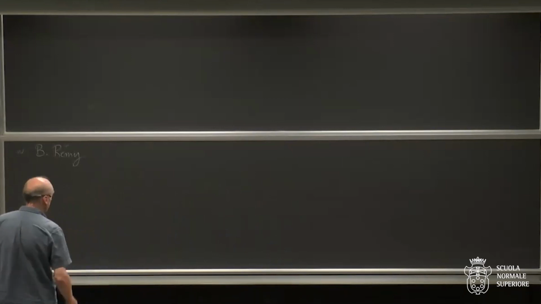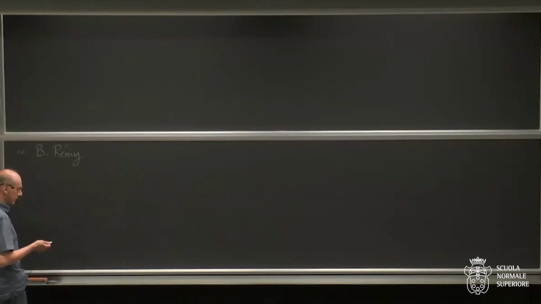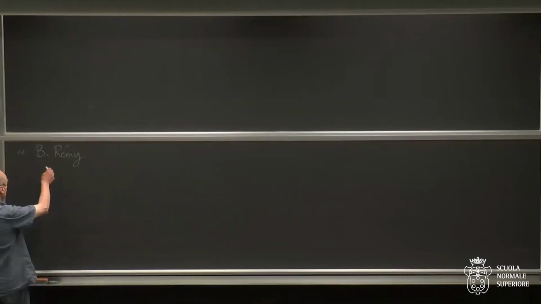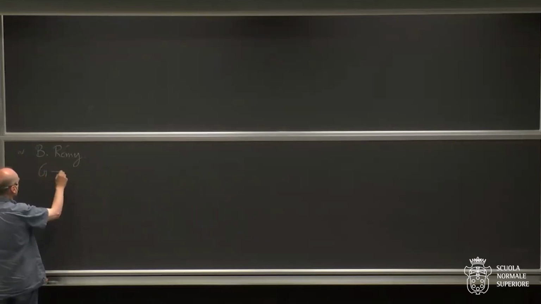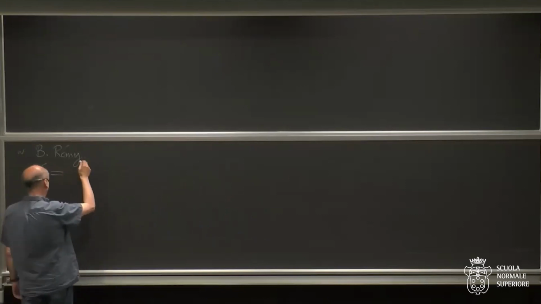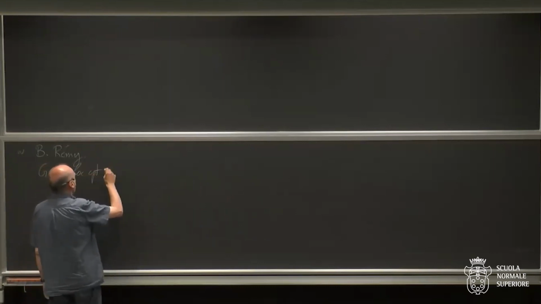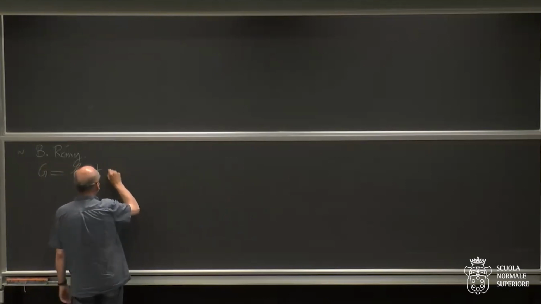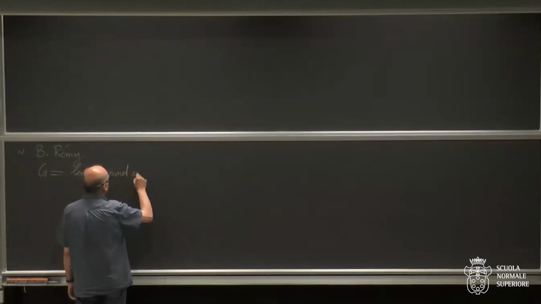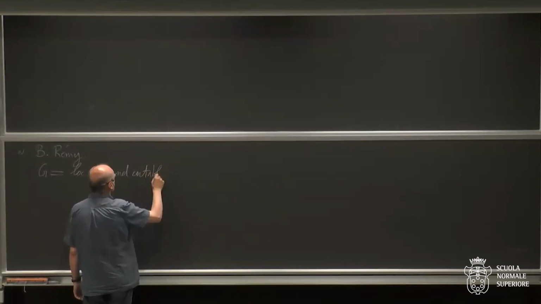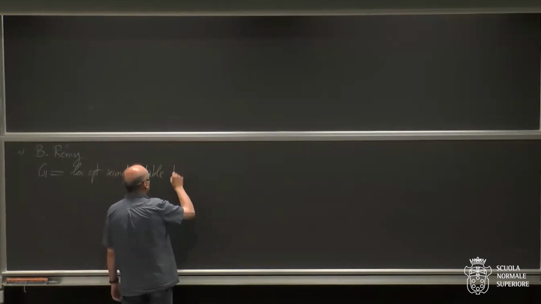So I start with a very general setting, but I will soon consider a more special case. So to start with, G will be a locally compact, second countable topological group.